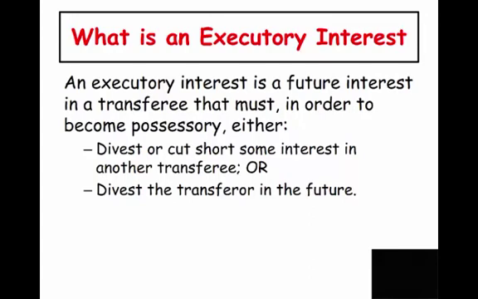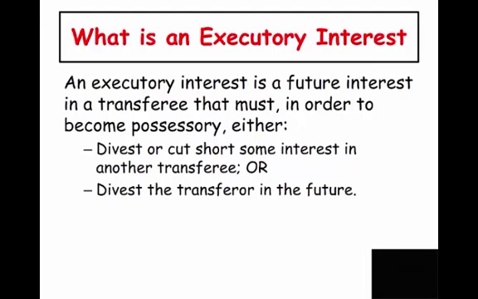O can never have an executory interest. O might have a possibility of reverter or a right of reentry, but an executory interest is only an interest created in a third party. It is an interest that, in order to become possessory, has to divest or cut short some interest in another transferee or divest the transferor in the future.